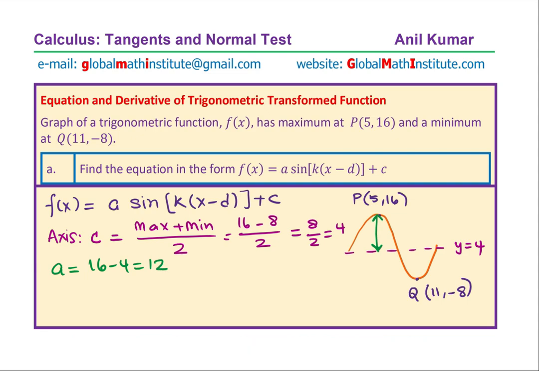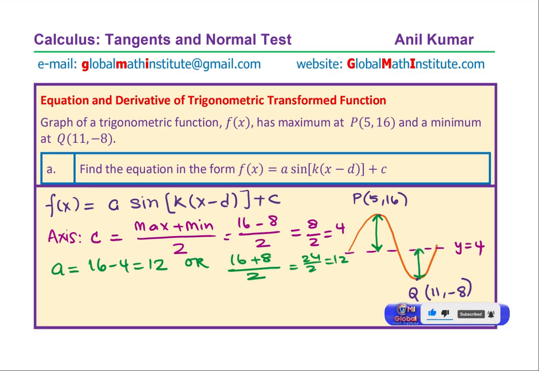You could also find it by the difference of maximum and minimum divided by 2, right? Which is 16 plus 8 divided by 2, which is 24 by 2 or 12. Same answer. So this height is 12, the amplitude.